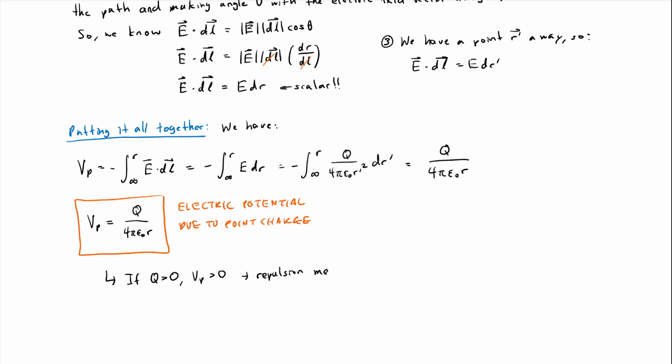So repulsion means positive work. On the flip side, if our charge is negative, then our potential is going to be negative as well, because an attraction is going to mean negative work. So these are important trends and patterns to notice, especially after you solve for the electric potential.